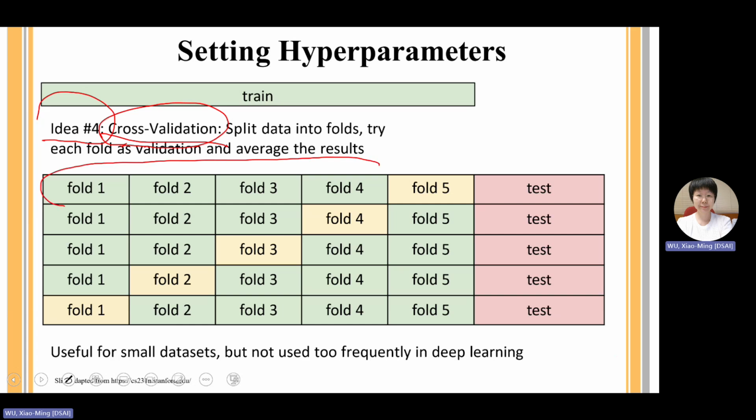We split the data into different folds, and we use the first fold for training, and then use fold 5 for validation. We can iterate this process, and at each iteration, we use a different fold for validation, and the rest of them for training. Okay, so we can repeat this process until we have used up all the training data for validation.